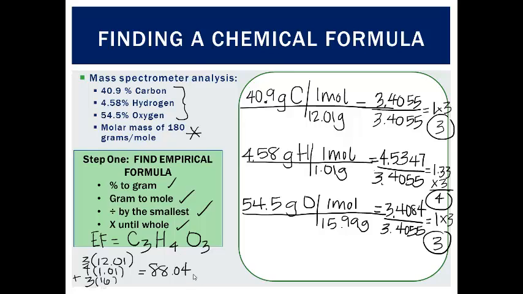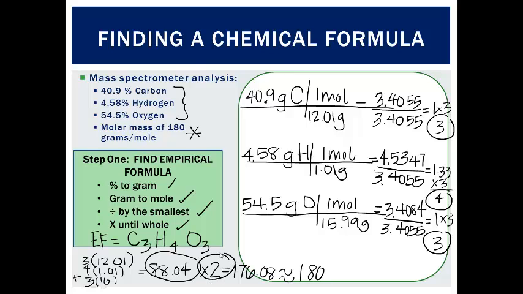So one last step. What could I do to 88.04 to make it similar to 180? We multiply it by some whole number, kind of like what we did over here. So if I multiply 88.04 by 2, I get 176.08. That is pretty similar to 180.